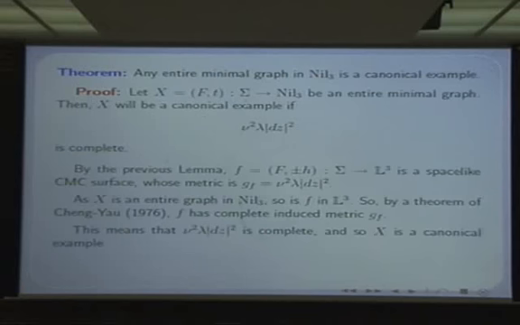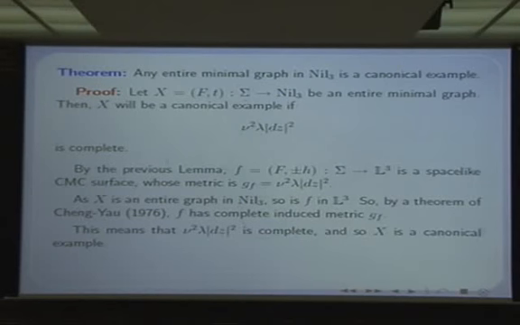By the previous lemma, you can construct, associated to this surface in Heisenberg, a surface of constant mean curvature in Minkowski space, whose metric is given by this, and whose projection is given by f. But now, I want to prove that this metric is complete. If this metric is complete, it would be a canonical example.